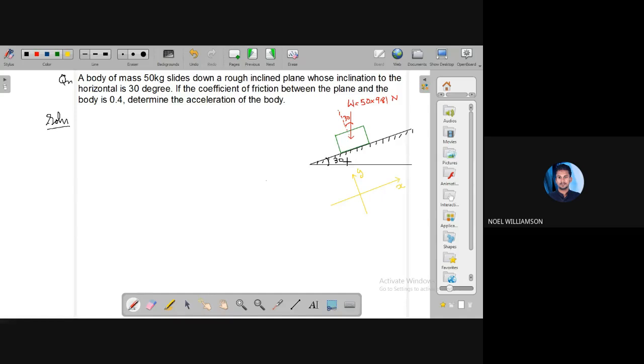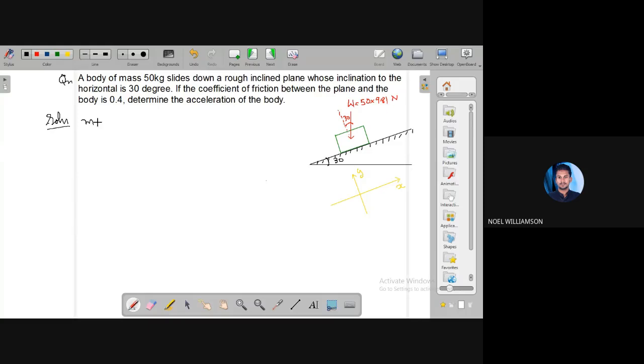Before that, we'll see what the friction is. The body is moving downwards, right? In the question it is given that the coefficient of friction between the plane and the body is 0.4, that means the value of mu is given. So what all things are given?